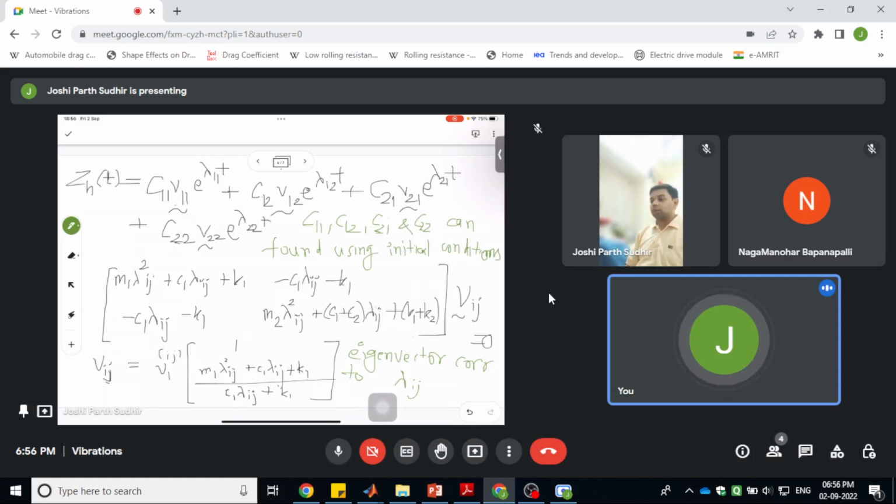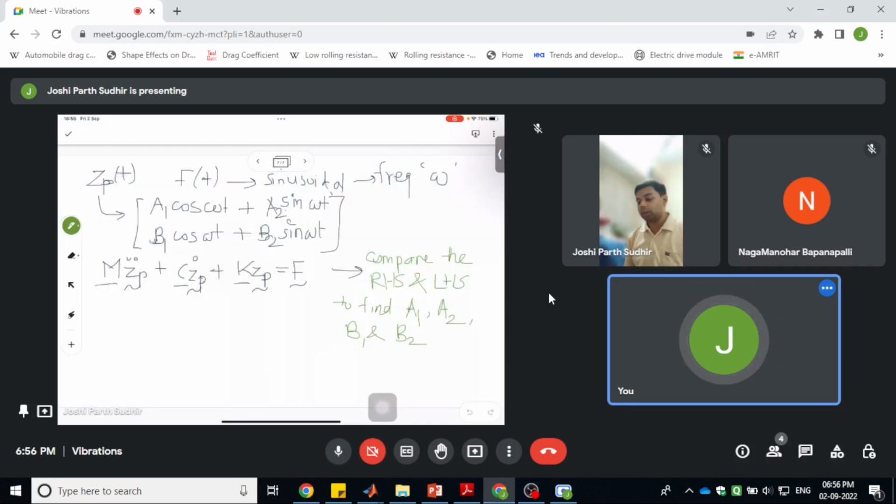So that is about solving the free vibrations problem and the forced vibration problem. So this is how we can get the particular solution and the free vibration response.